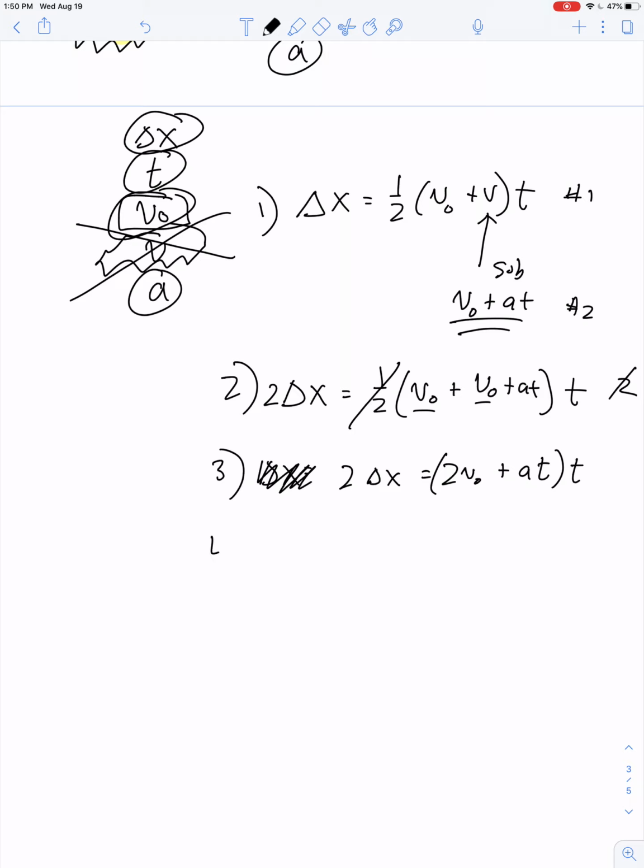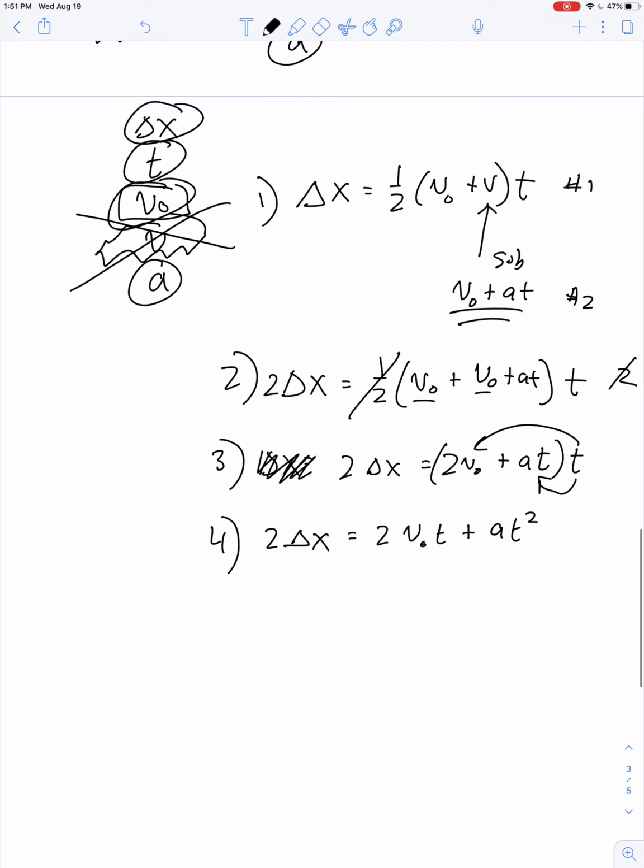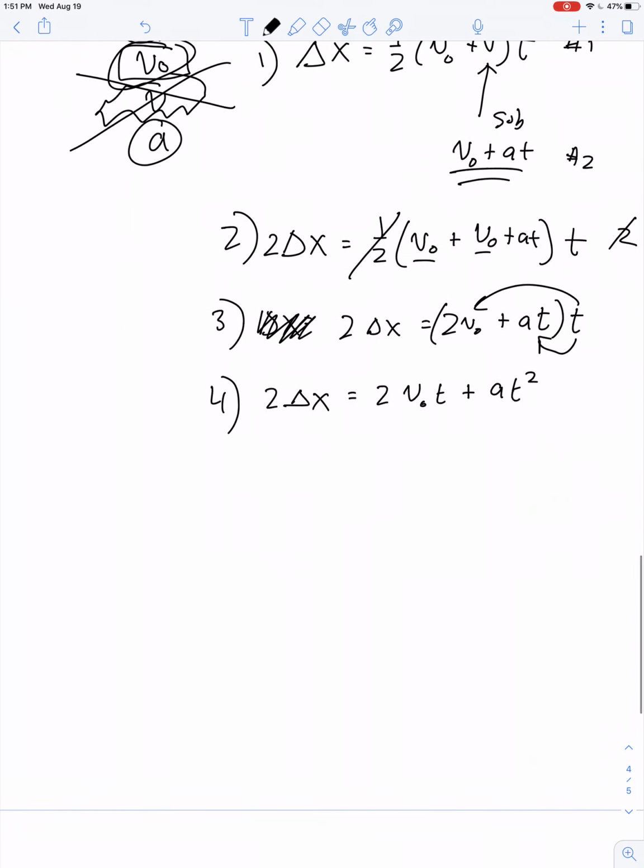So let's distribute. 2 delta x is equal to 2 v naught t plus at squared. Right? I had to distribute the t to both of these terms. And then, well, I changed my mind. I know I multiplied by 2 earlier.